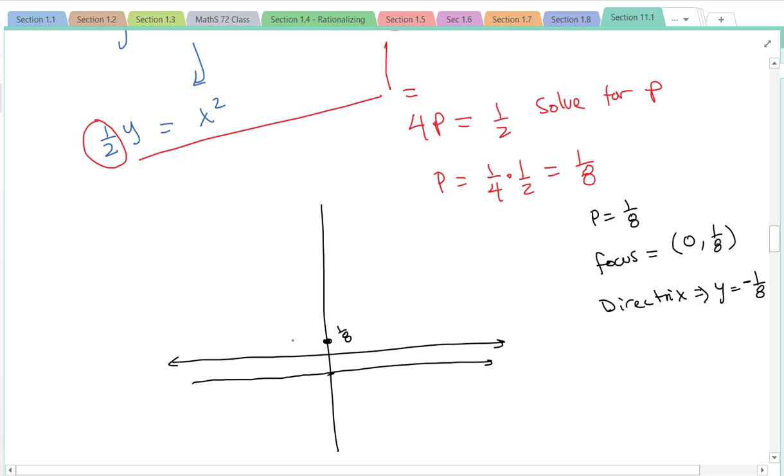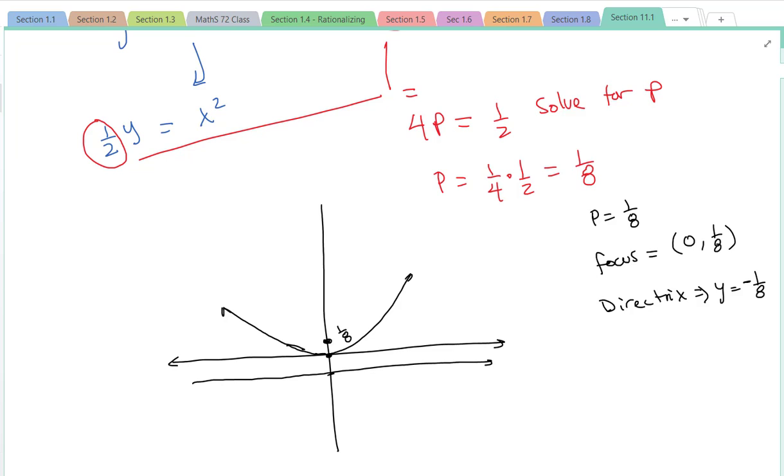And the vertex is at the origin because there are no shifts, and then we can draw, to the best that you can, your parabola. And again, the idea is that when you go from the focus to any point on the parabola, this distance should be the same.